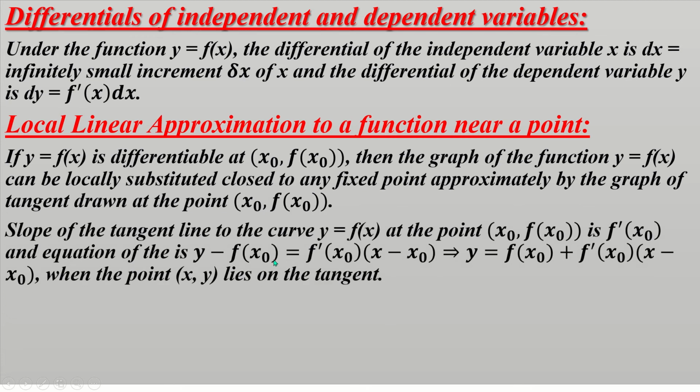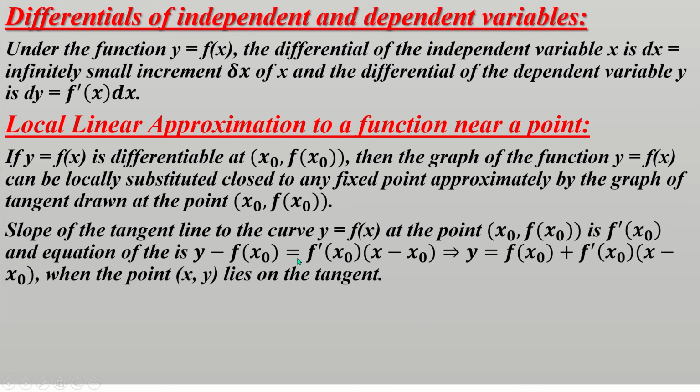The slope of the tangent line to the curve y equal to f of x at the point x0, f of x0 is f prime x0. The slope is known, so the equation of the tangent will be y minus f of x0 equal to f prime x0 into x minus x0.